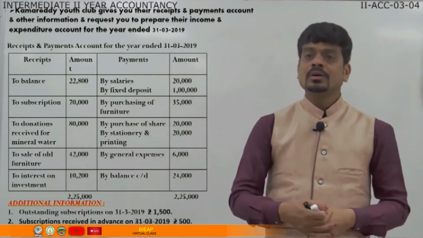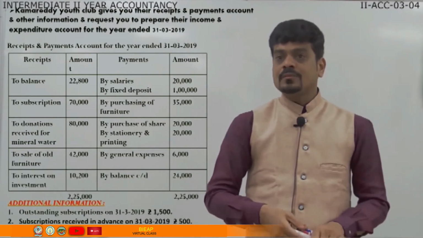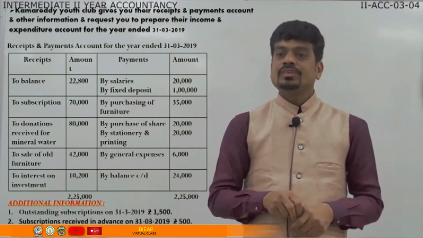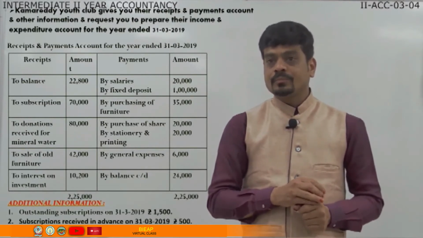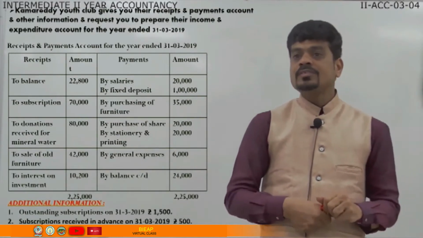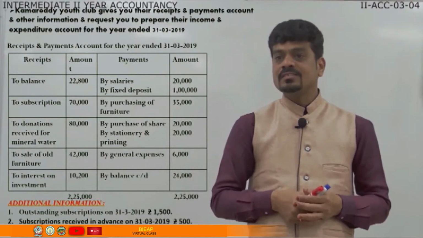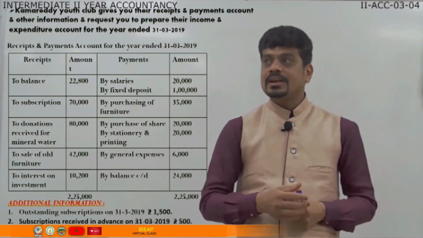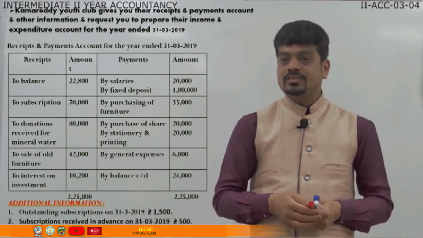Now, if we look at the receipt side, they gave balance, subscription, donation received for mineral water, sale of old furniture, interest on investment. Payment side, they gave salaries, fixed deposit, purchase of furniture, purchase of shares, printing stationery, general expense, balance carried down. Along with that, there are 3 important adjustments.